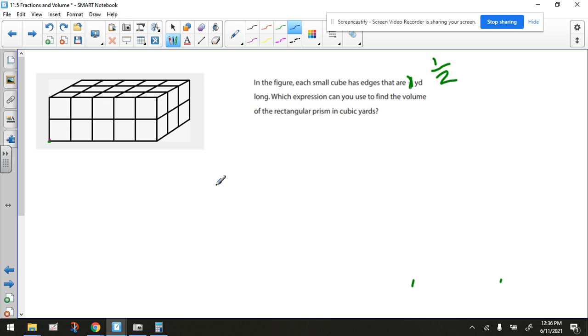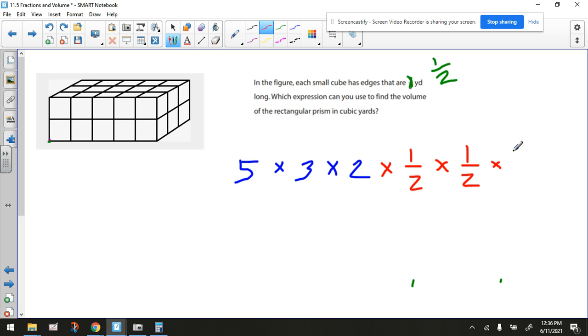The 1, 2, 3, 4, 5 going that way, the 3 going this way, and the 2 going this way. But instead of putting in a third, we would say to ourselves, what's the equivalent of this thing cubed, right? And we would say to ourselves, it would be a half times a half times a half. Volume is 3-dimensional. You have length, you have width, and you have height. So you need to have all the dimensions covered in this case.